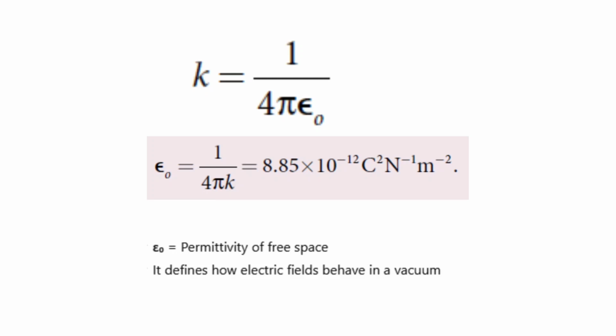This permittivity tells us how easily an electric field can pass through vacuum or empty space. Its value is approximately epsilon naught equal to 8.85 into 10 power minus 12 Coulomb square divided by Newton power minus 1 meter power minus 2.